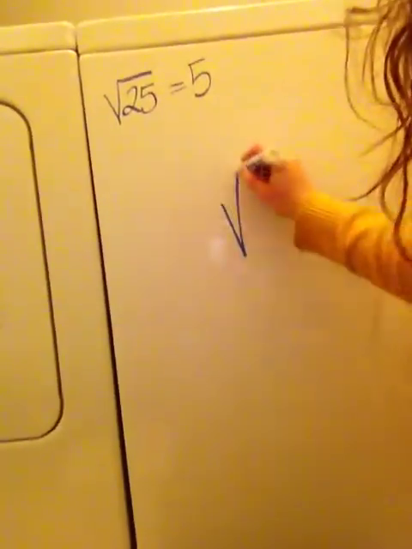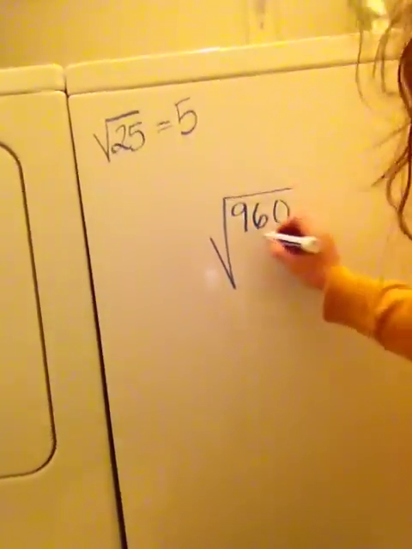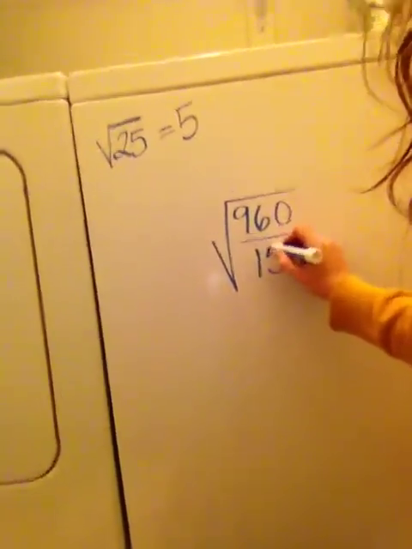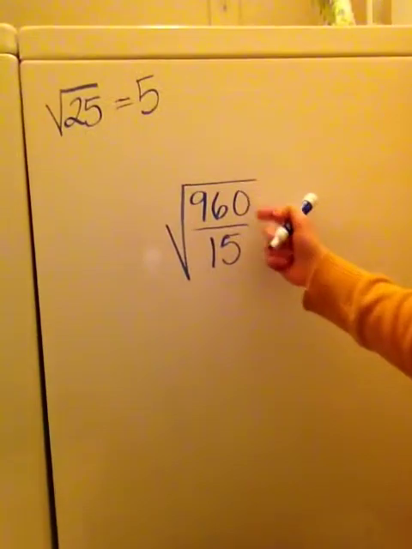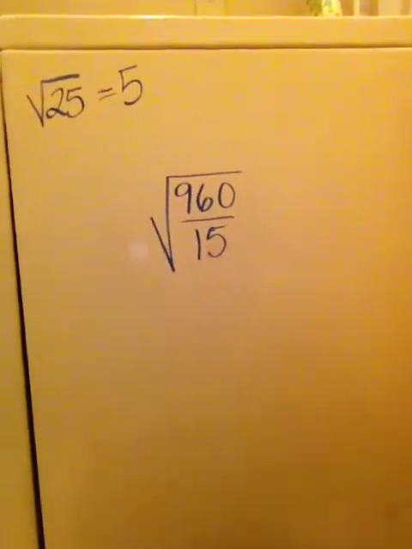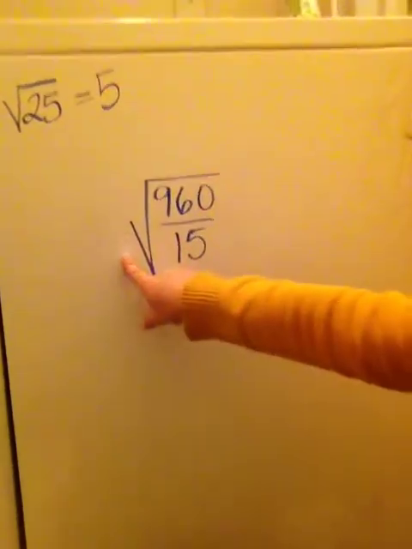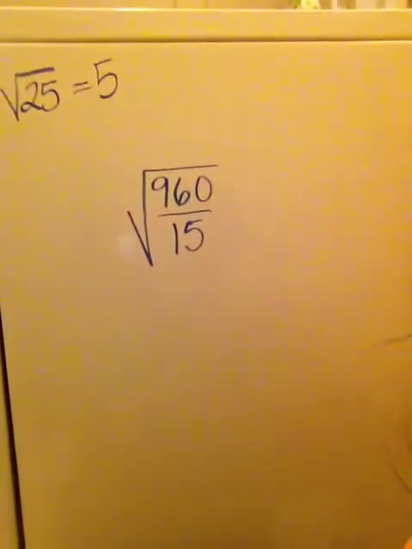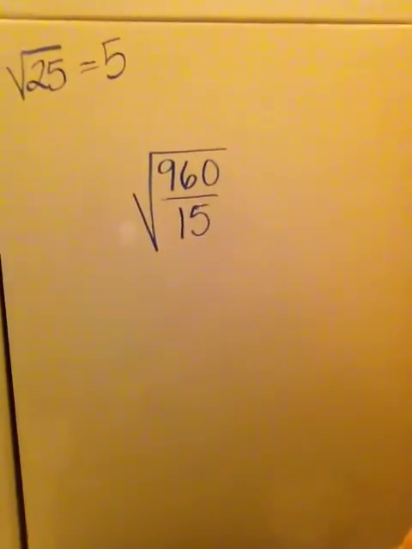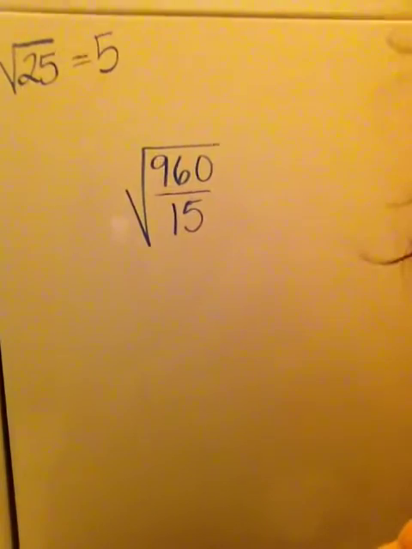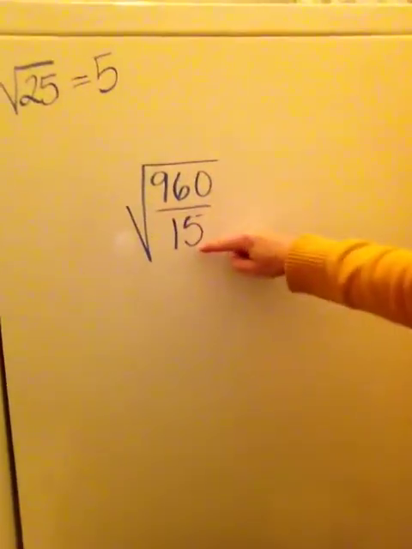What I mean by that is if I've got the square root of 960 over 15, remember I just told you that you can just do the square root of the numerator and the square root of the denominator. Well, I'm getting a little bit of a red flag because the square root of 15 is not a pretty number. And remember, right now with square roots we're just dealing with pretty numbers. So that tells me that I need to divide first.